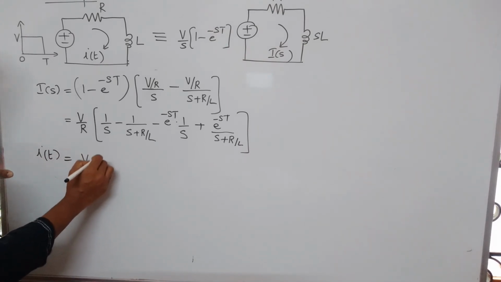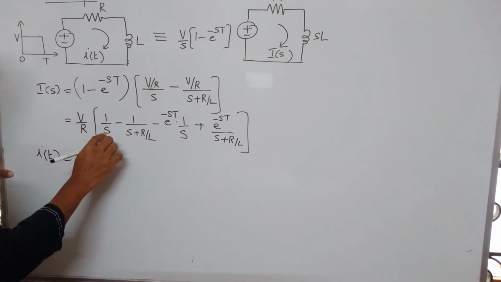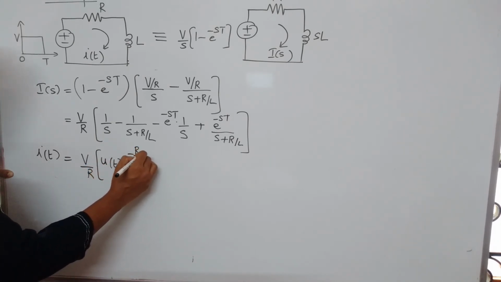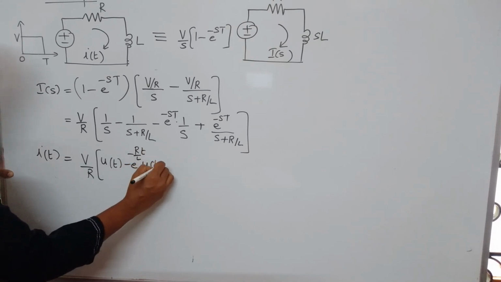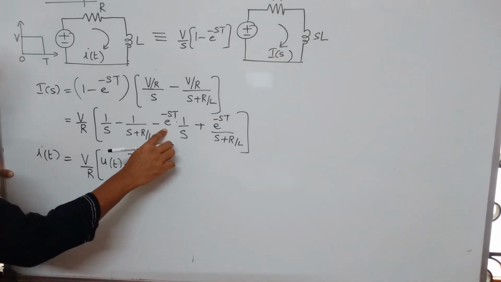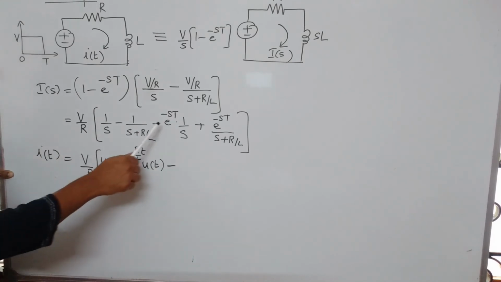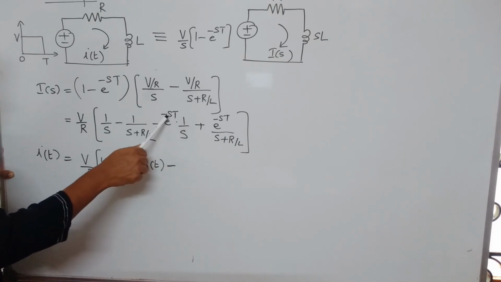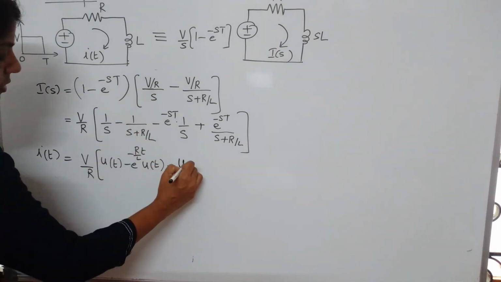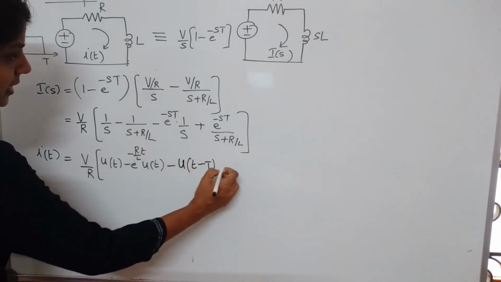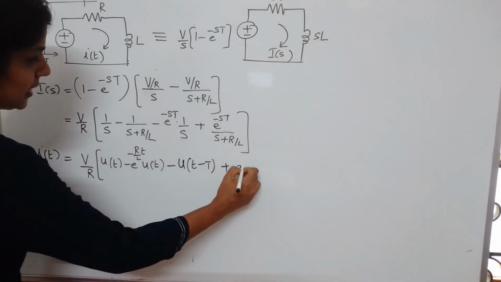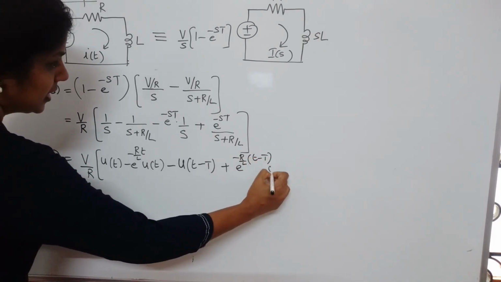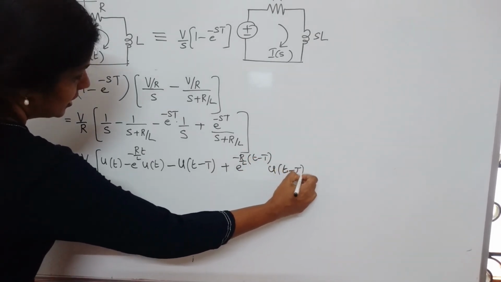It is V by R into, this is u of t, minus e raised to minus R by L t u of t, minus, this is u of t delayed by T units. e raised to minus sT into 1 by S means it is the inverse of u of t delayed by T units. So this will be u of t minus T, plus e raised to minus R by L into t minus T, u of t minus T.